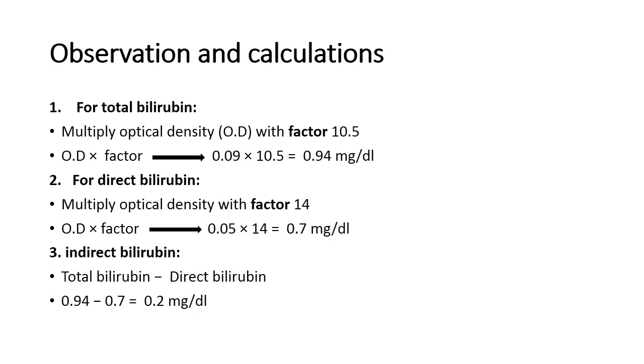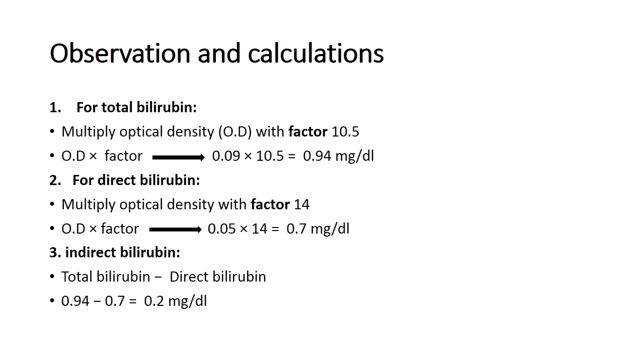For direct bilirubin, multiply optical density of direct bilirubin with factor 14. Factor 14 is constant. For example, 0.05 is optical density of direct bilirubin. So we multiply it with factor 14 and the answer is 0.7 milligram per deciliter.